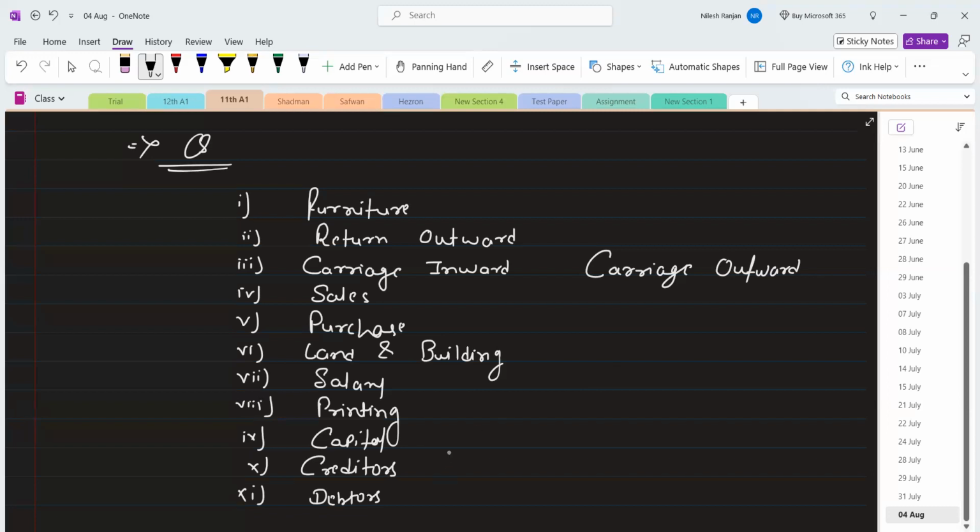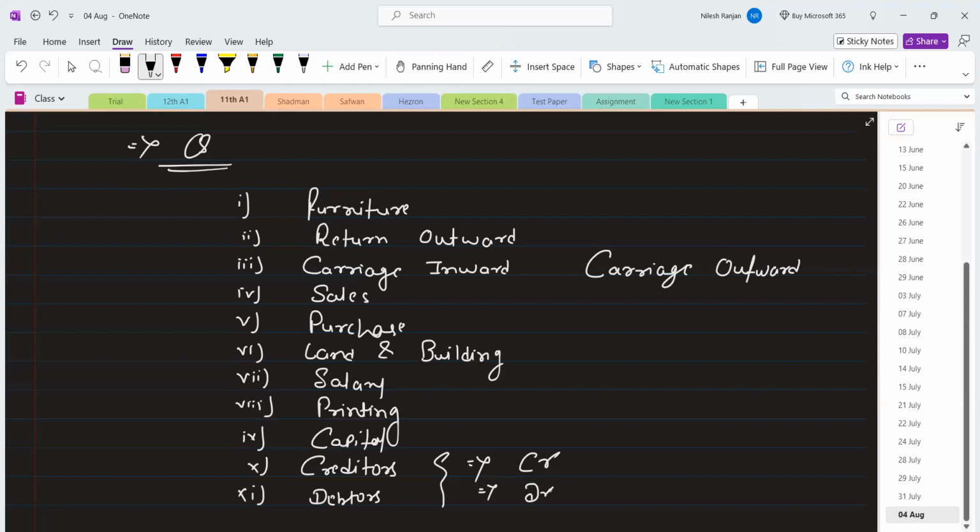You are taking the words. The answer is creditors will be on the credit side, debtors will be on the debit side. Your first answer was correct, but your answer basis was incorrect because you are seeing just the word.